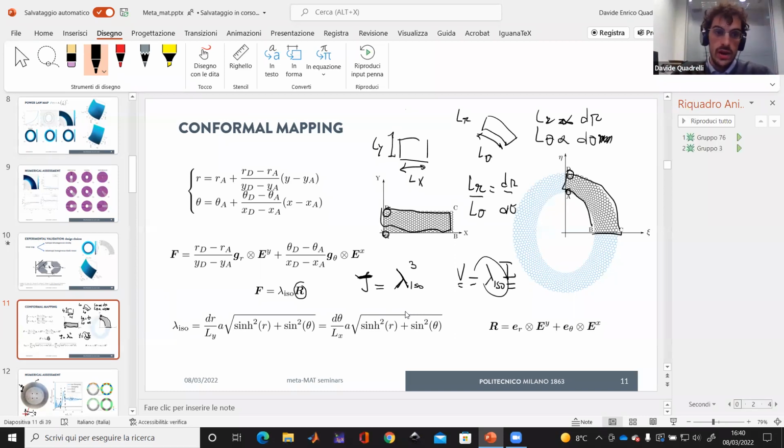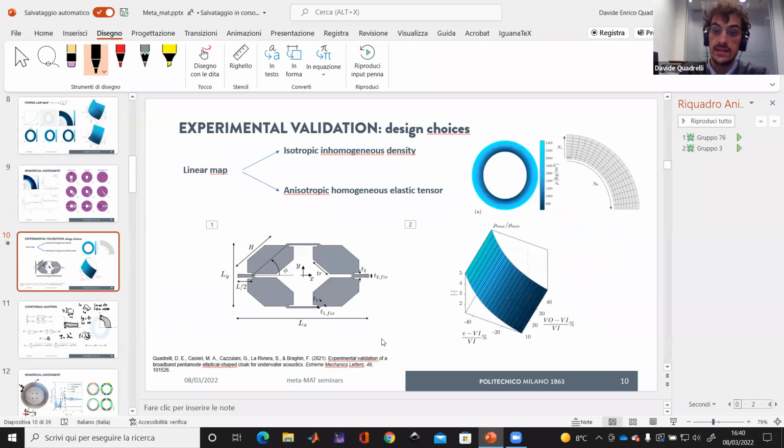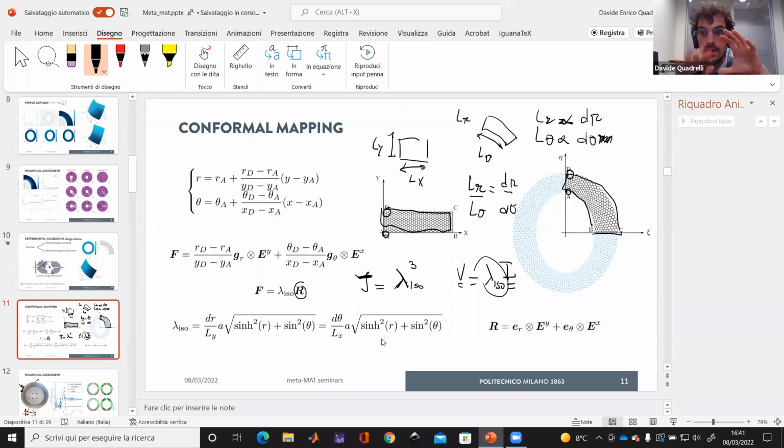So while you have designed these in Cartesian coordinates to have all these parameters to have optimal equivalent properties, you do not lose this optimality, because basically what you're doing is just taking the cell, rotating it, and enlarging or isotropically stretching.